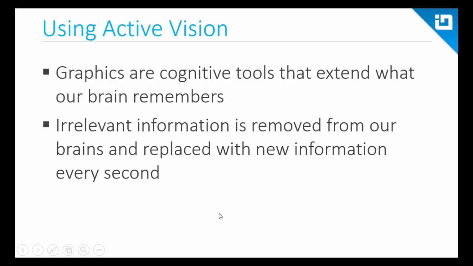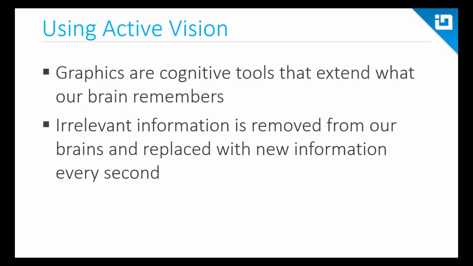So for example, a chart ends up being this tool that our brain can use to help solve problems, just the same way that a table could, but we can do it quicker and we can remember it if it's in a visual fashion on the screen. The one thing to remember is our brain processes around 5% of the visual world as our eyes move.